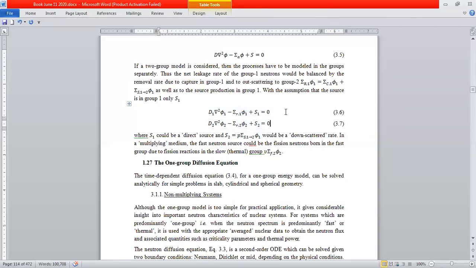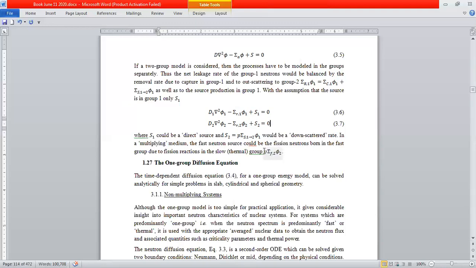Now 3.6 and 3.7, I'm just talking about fixed neutrons coming in here, a fixed neutron source. I'm not including fission. If you have fission, for example, if you have a multiplying medium, then the fast neutron source would be the fission neutrons born in the fast group due to fission reactions in the slow group, mu sigma F2 phi 2, plus of course fissions that are happening in the fast group.